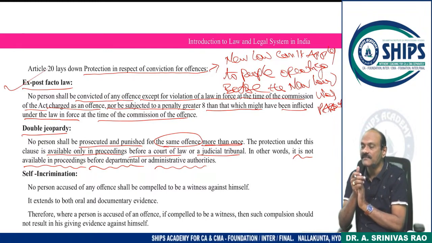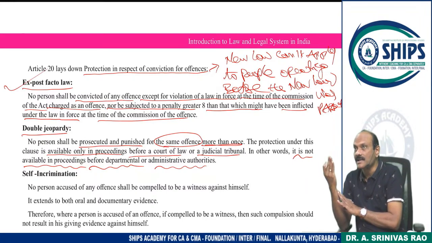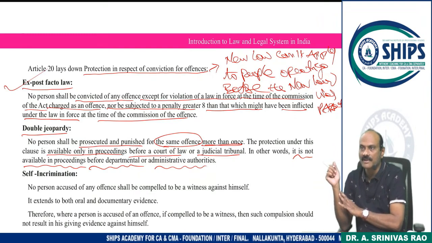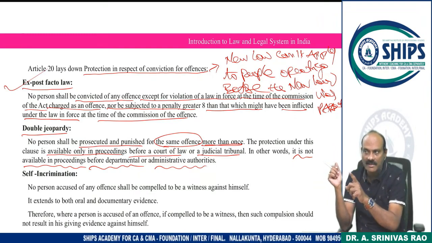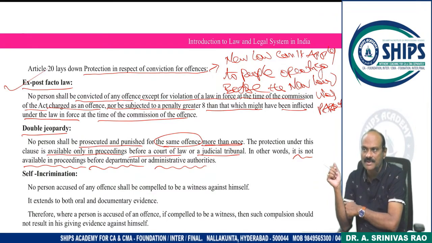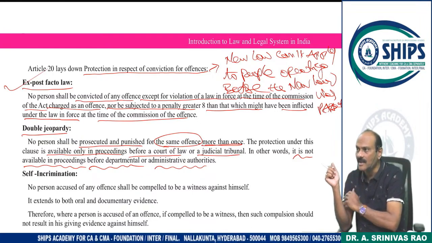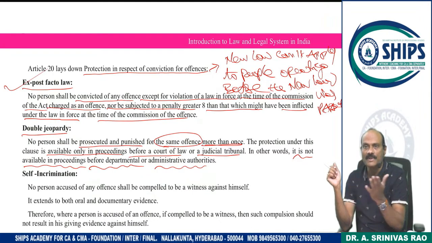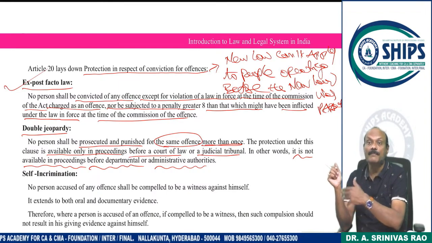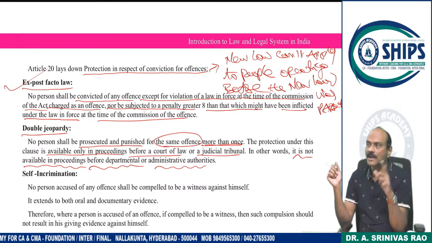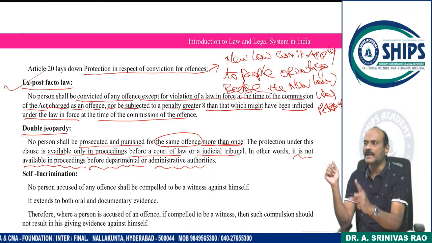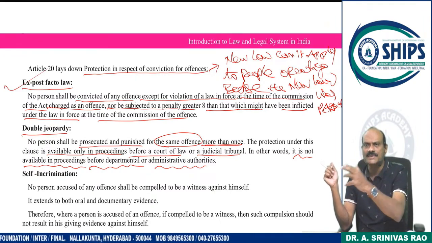But in the case of a departmental inquiry going on within the organization, where he is guilty of fraud or misappropriation and we are making an inquiry, the inquiry can be made internally by various departments n number of times. You can't question that all people should come and the inquiry be held only one time. You can't question like that.